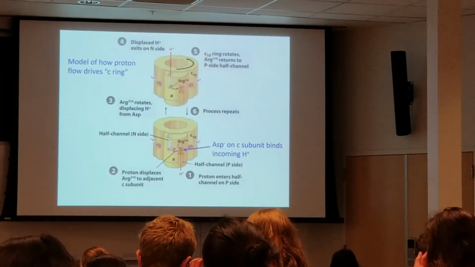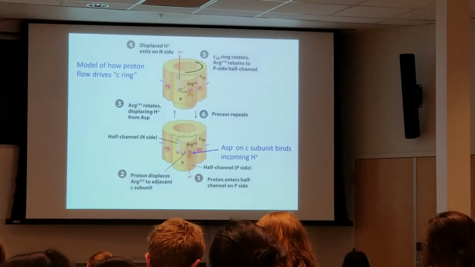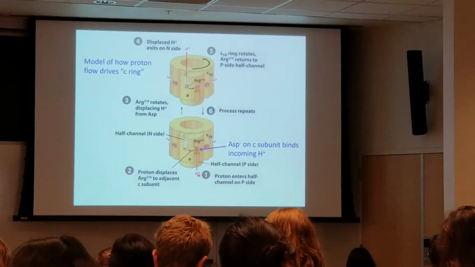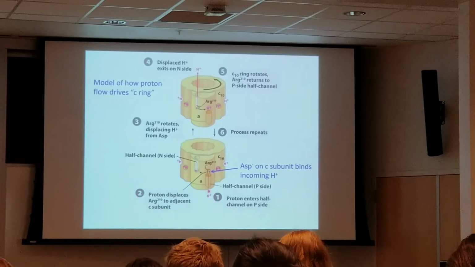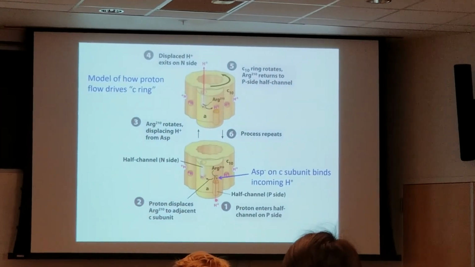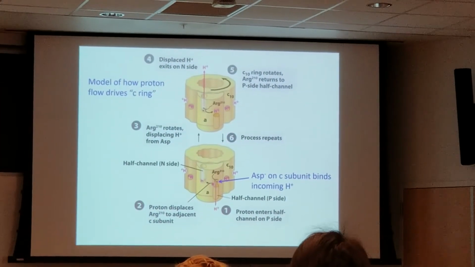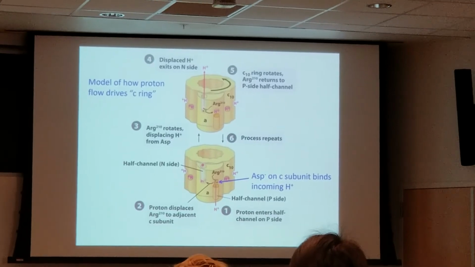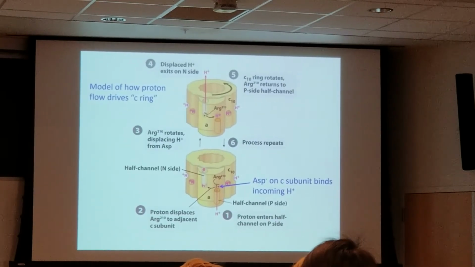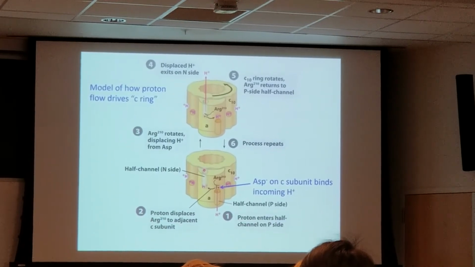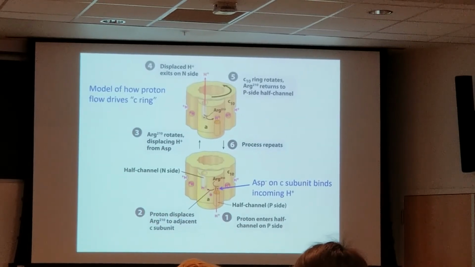So if there's a positive charge here, this is going to prevent the proton from cheating. It would be terrible if the proton could come up here and then out the other half channel. You see that? That would be bad, because now no work is being done, no useful work.